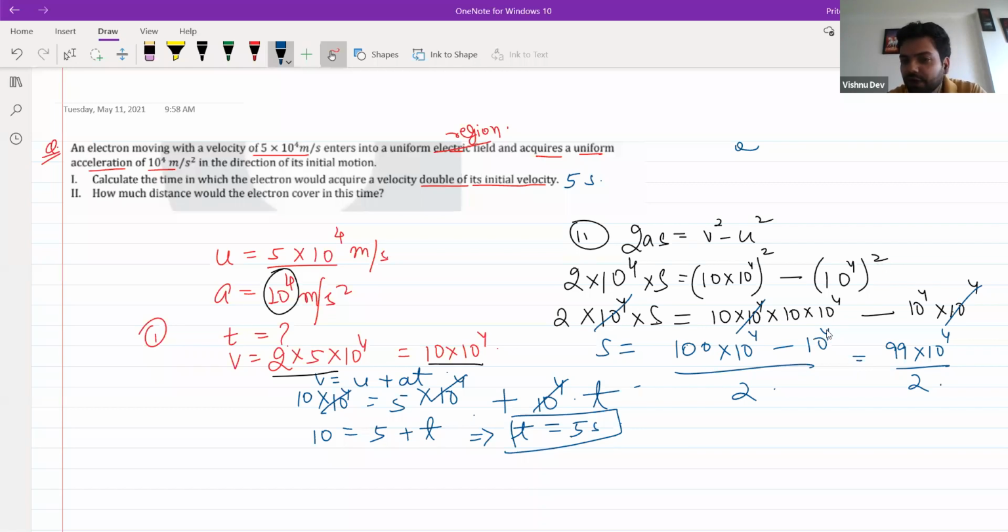Okay, I took 10 to power 4 as common, then I'll get 100 minus 1 by 2. So this is 99. It depends, student. It's not like you have to always follow this kind of process to get the result. Instead, I could have found out the result separately and subtracted that. Being very basic, I would have done that.